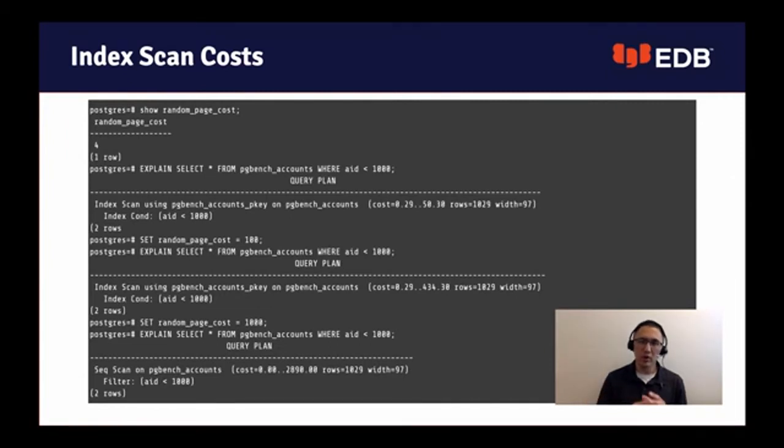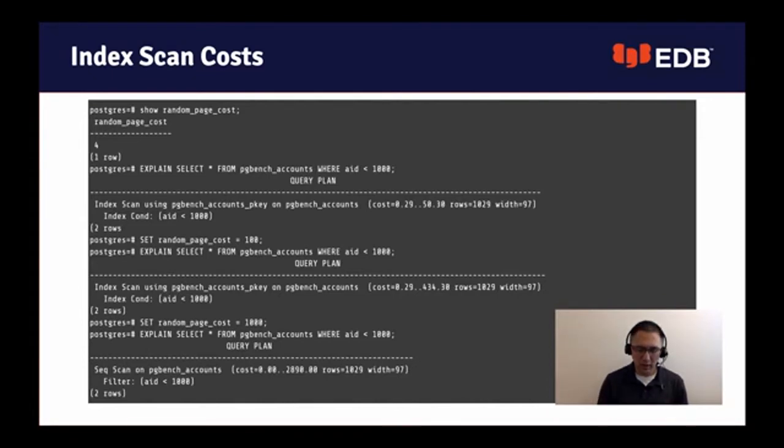And this would be true in a larger query example, which I wouldn't be able to fit onto the slide. But if you're joining many tables together and you are trying to get a lot of data back after you join them, you might end up with sequential scans because the index scan is just going to be too costly.